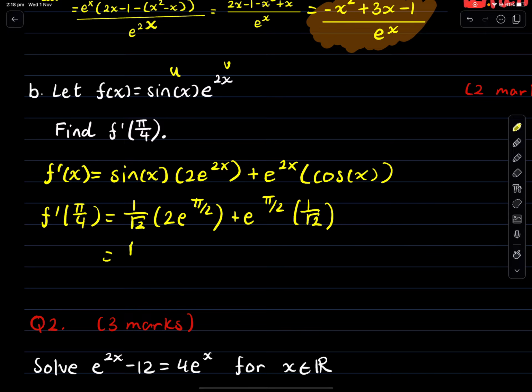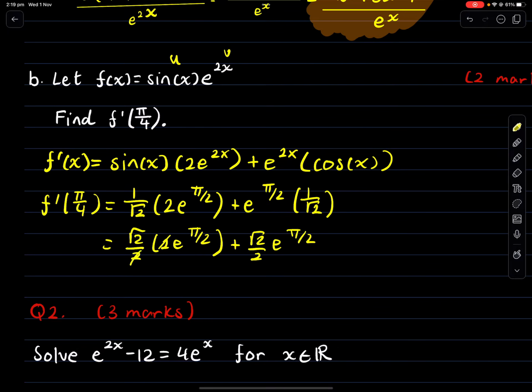This will be root 2 on 2 times 2e^(pi on 2) plus root 2 on 2 e^(pi on 2). Now these two cancel out, so this is just root 2 e^(pi on 2) plus root 2 on 2 e^(pi on 2).